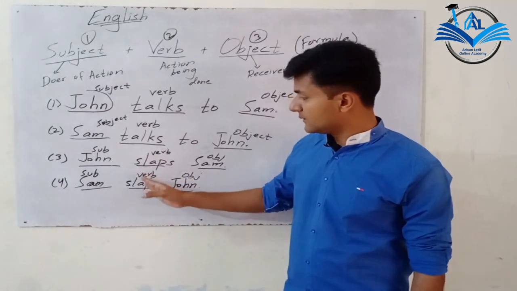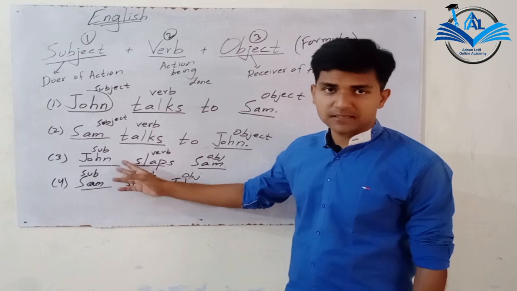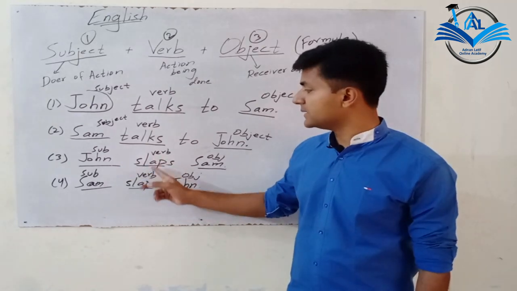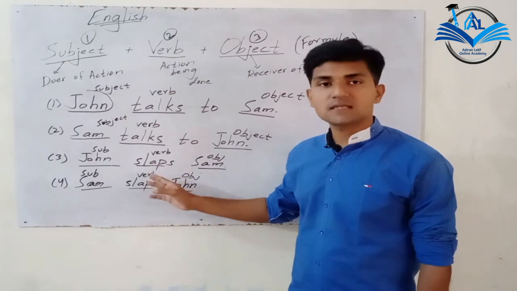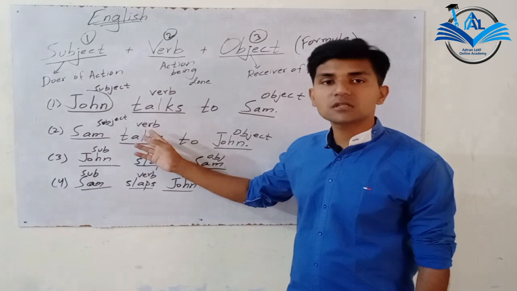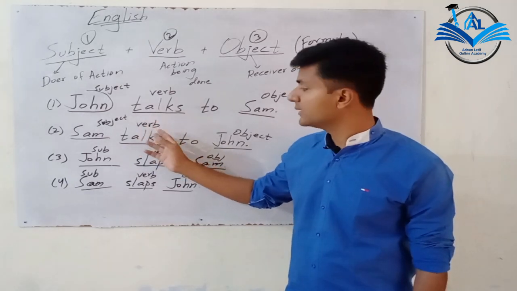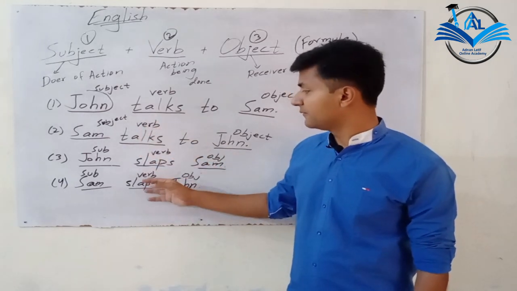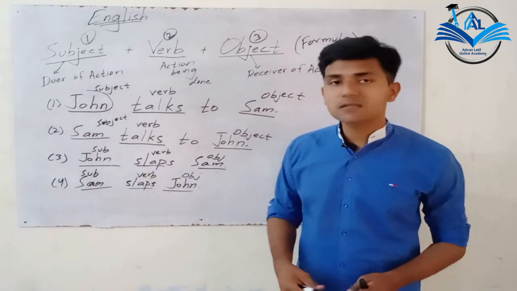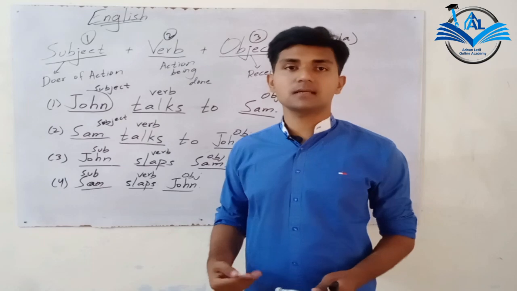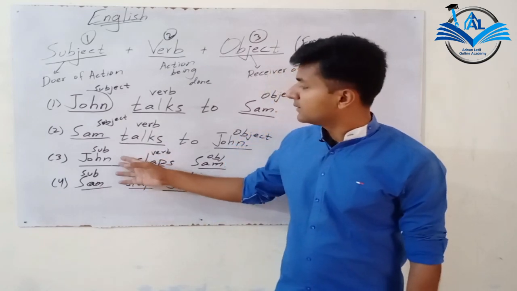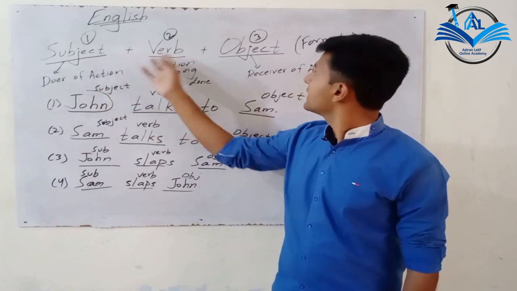Here, which thing is the same in sentence number 3 and sentence number 4? That slapping is the action which is the same here. So in the earlier examples they were talking to each other, their action was talking, and here their verb, their action, is slapping. So this is the simple difference between subject and object.